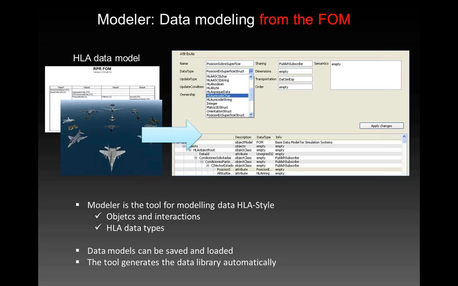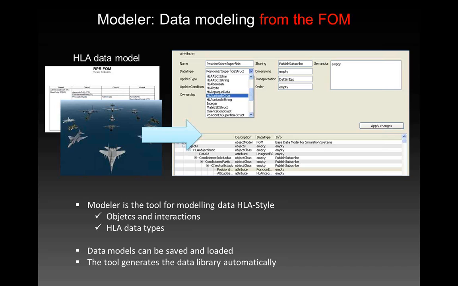And then with that tool, you can modify anything in these data models, and then it's a matter of generating a library with that tool. This tool is going to create a library for you. And this library, that is a DLL in Windows or a DSO in Linux, goes the same in Windows and Linux. It is the translation of the HLA model to DDS.